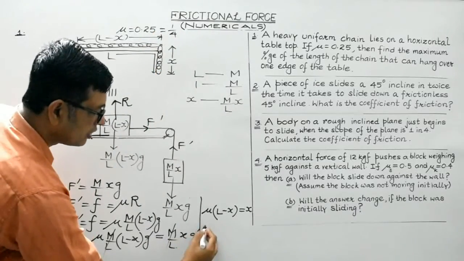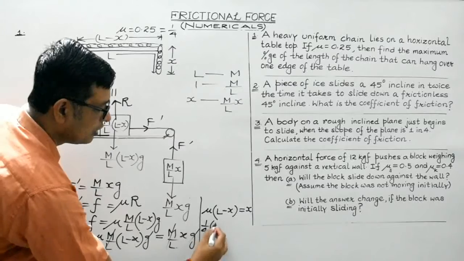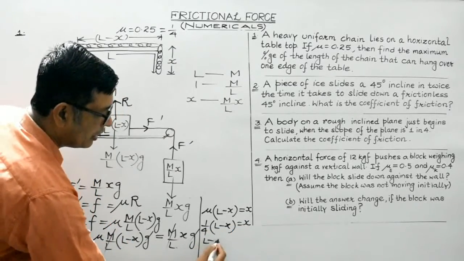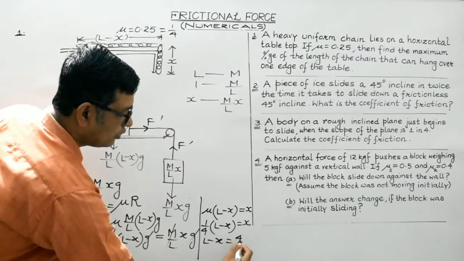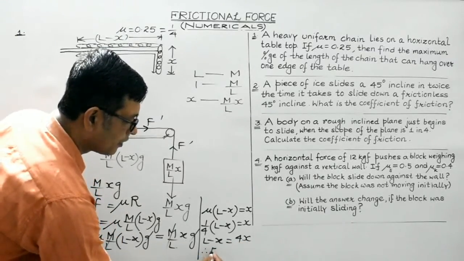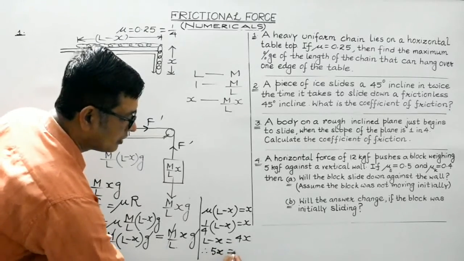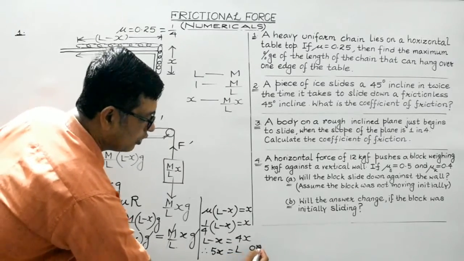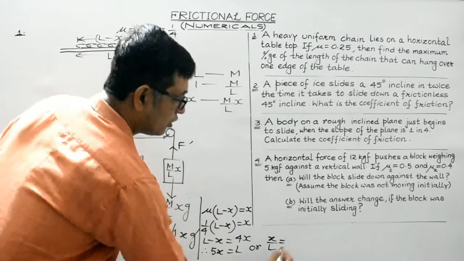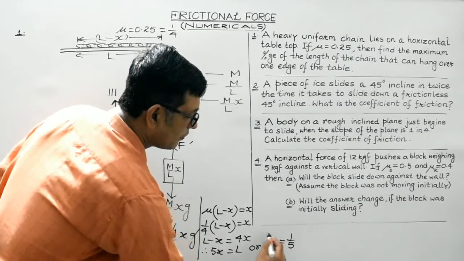So (1/4)(L minus x) is equal to x, or L minus x is equal to 4x. Therefore, 5x is equal to L, or x by L is equal to 1 by 5.